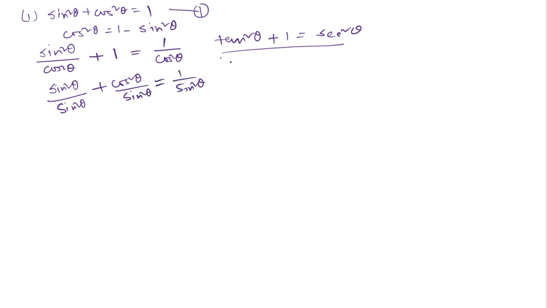I can do that on both sides, and it will become 1 plus cot square theta equal to cosec square theta, or cot square theta equal to cosec square theta minus 1. So we can derive these things from here. This is one of the identities.